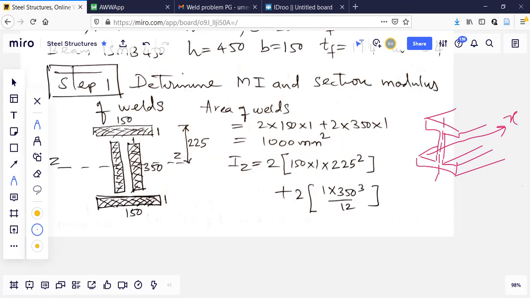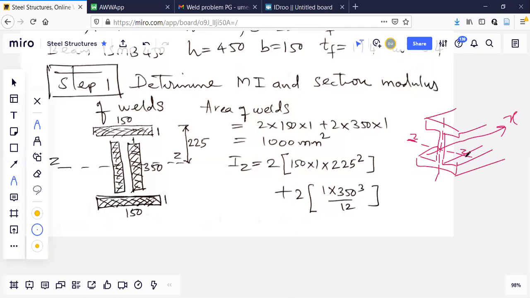The axis which is parallel to the axis of the member is the x-axis. That is why you have to understand this change in the case of steel structures. Now this is Z. Whatever we used to call X, here it is Z. That is why in steel tables everywhere you will find Iz only. Ix will not be there.